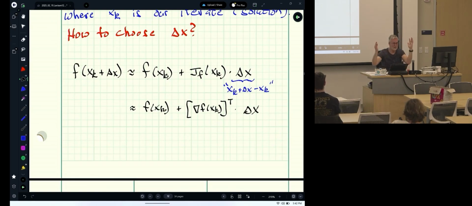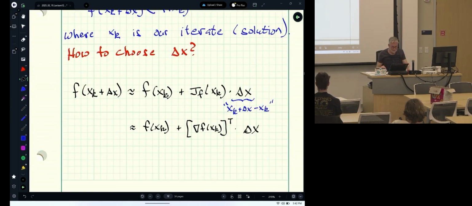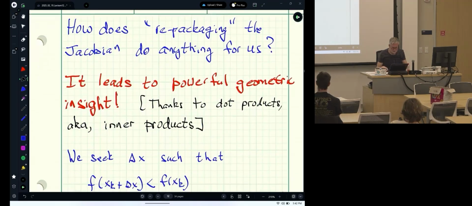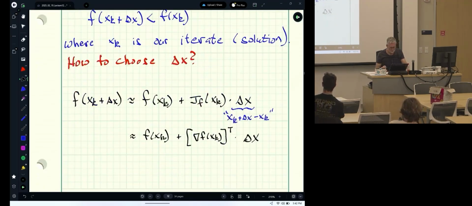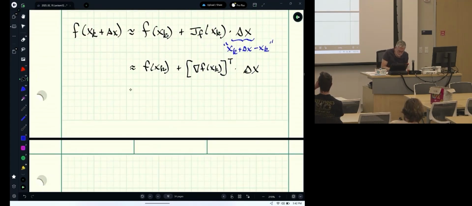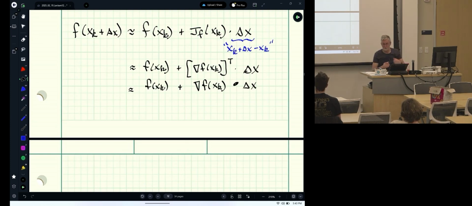Remember what that's called? The dot product, yes! Okay, that's why we said it's important. So this is f of xk, and now the gradient shines on its own.